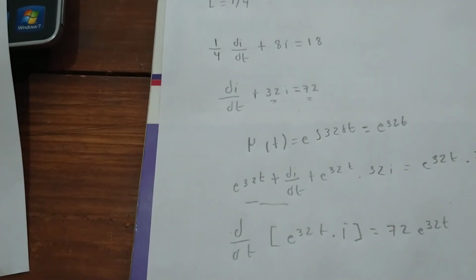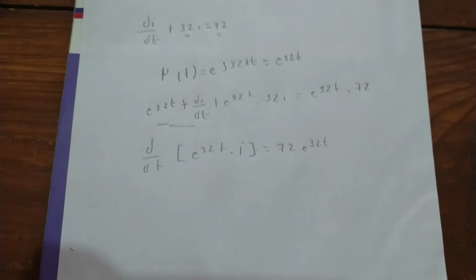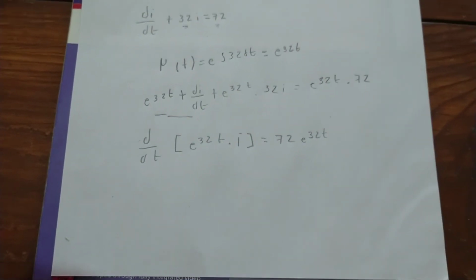Now we can solve this for i by integrating both sides of the equation with respect to t.